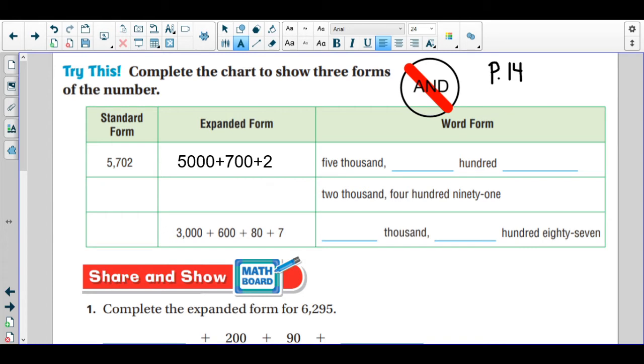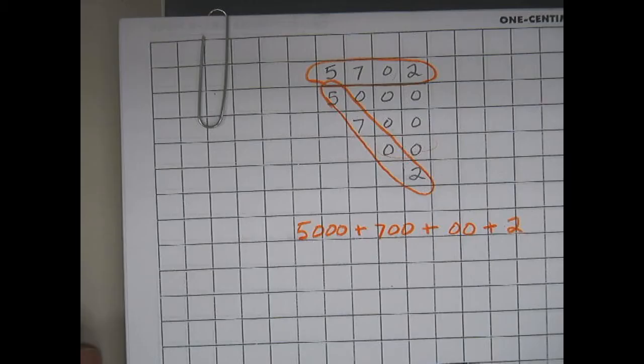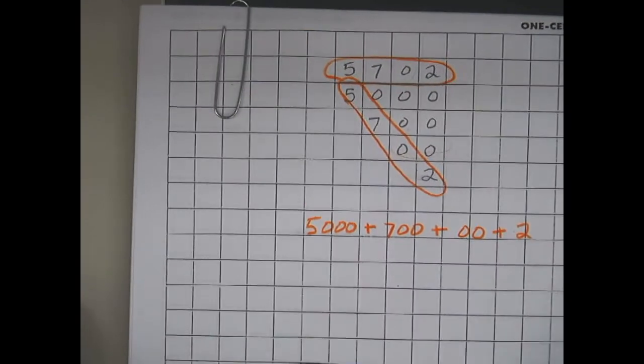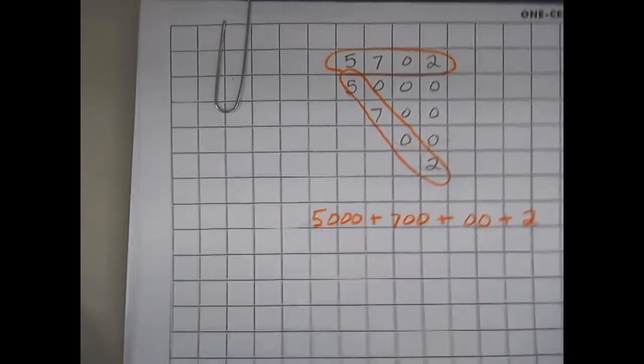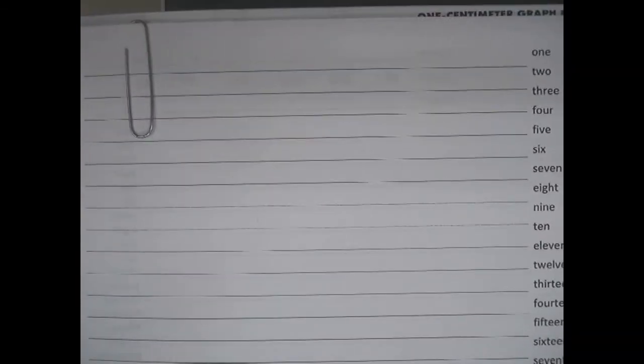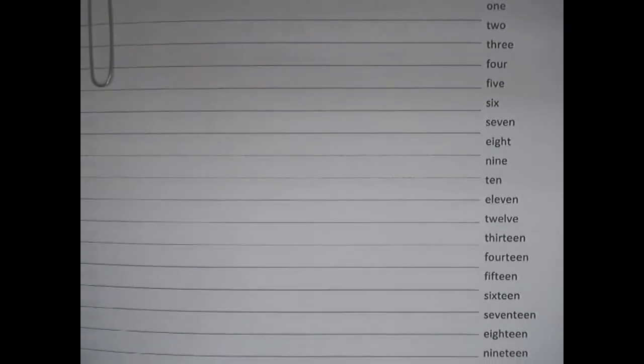And then using words, well, I have another little surprise here for you in that packet. If you look in there, there's also a sheet that we will use for writing some number form practice later, but it has all the numbers here, 1 through 20, spelled out.